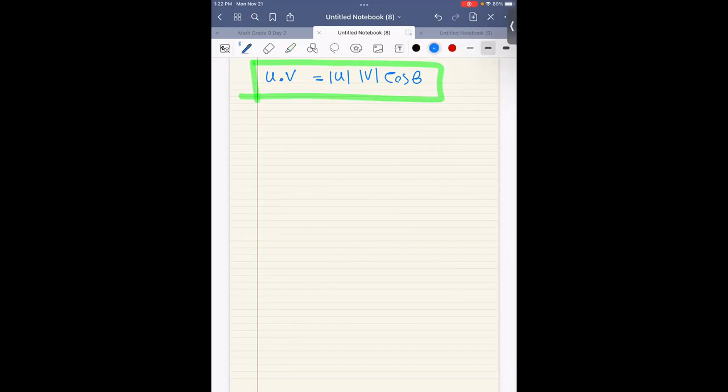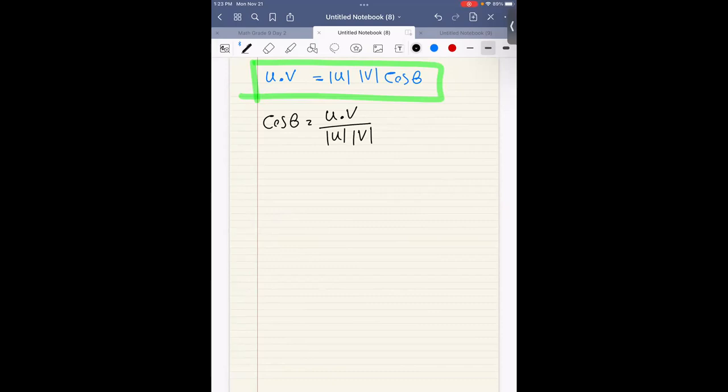So that means whenever you have two vectors and you have the components, if you want to find the angle between them, you just find the dot product, because from here it follows that cosine theta is u dot v divided by the magnitude of u times the magnitude of v. This is given that u and v are non-zero, because if one of them is zero, then it doesn't make sense.